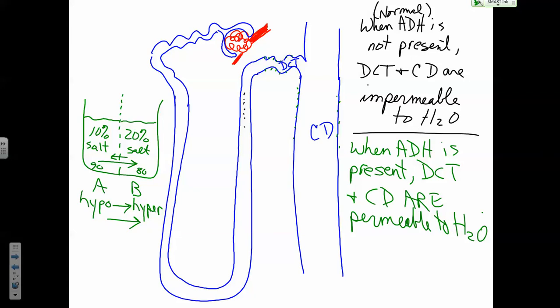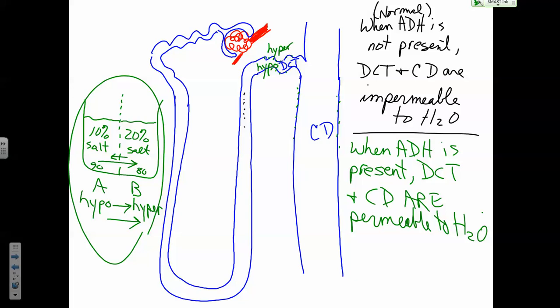Let's go back to the nephron. Do you see, because of what I drew here, that in order for ADH to be effective, this area needs to be hypotonic to this area?